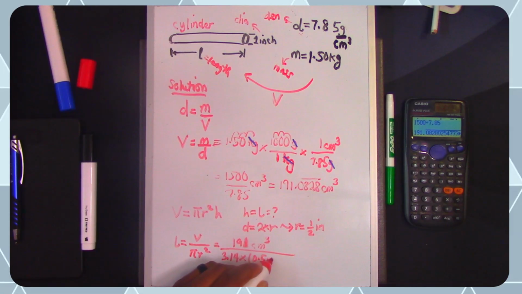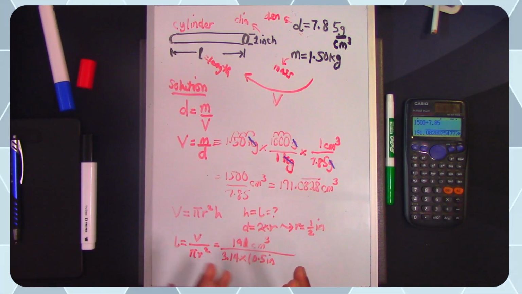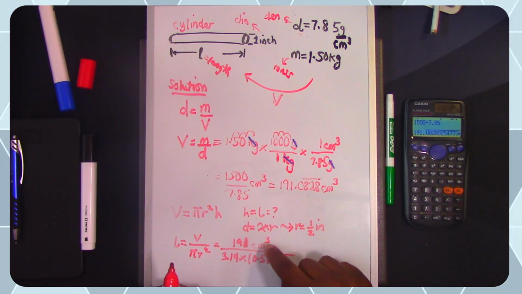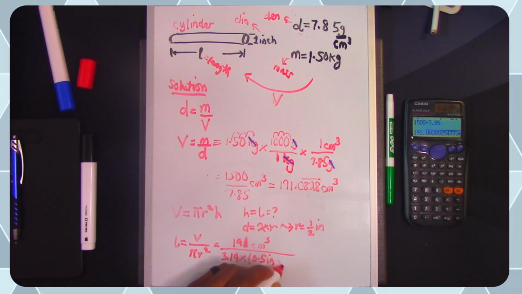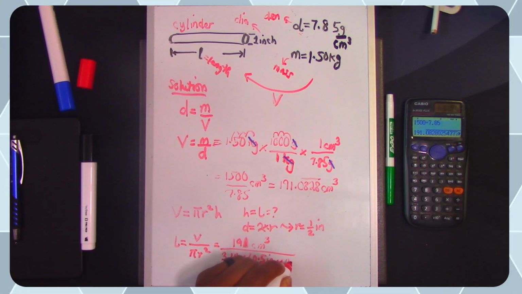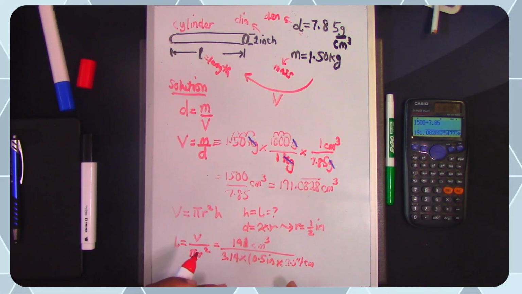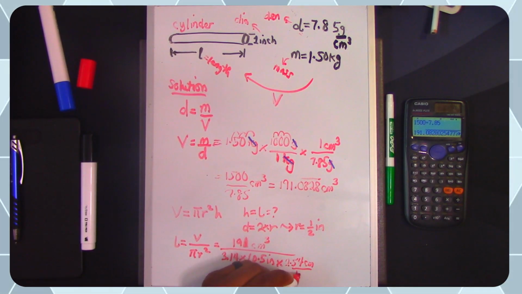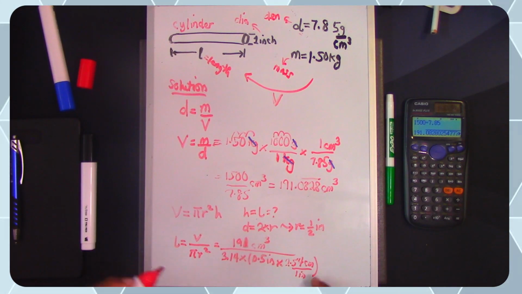But take note here, we need to convert our inch to centimeters because we want our centimeter to agree with the centimeter cube right here for the volume. So therefore this here is equal to the equivalence of what? 2.54 centimeters, and this is equal to 1 inch. And so this is over 1 inch. And once we have this, take note that we have to put our square.